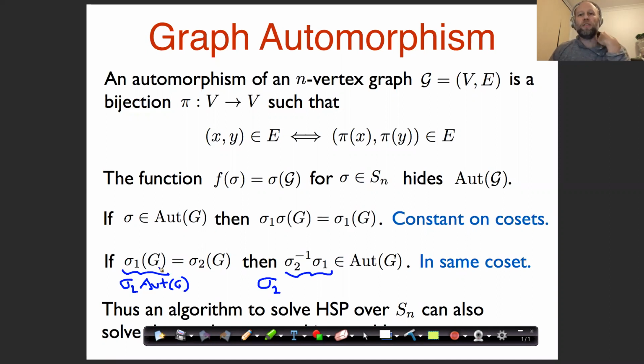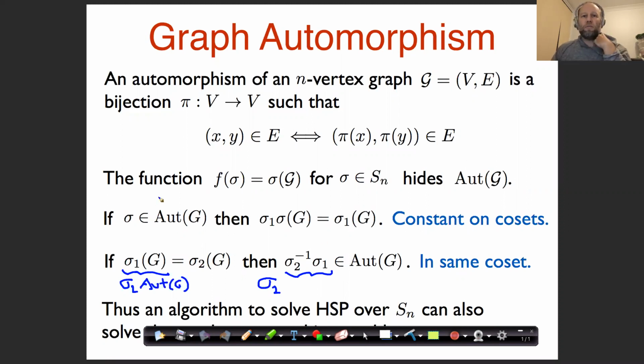So what we've shown is that if sigma 1 of G is equal to sigma 2 of G, then sigma 1 and sigma 2 must be in the same coset. That means that if sigma 1 and sigma 2 are in different cosets, then they're going to map G to different graphs. So our function is distinct on distinct cosets.